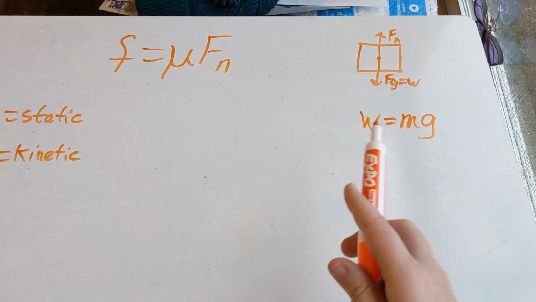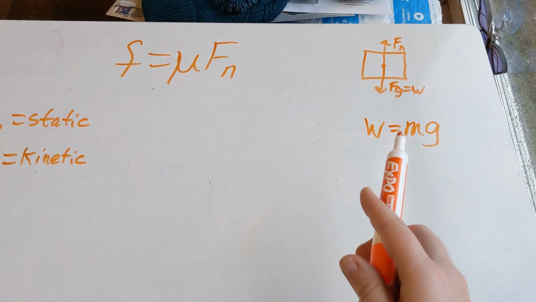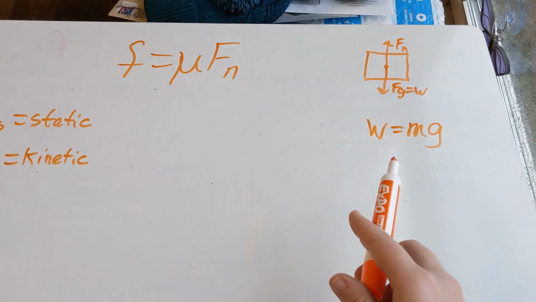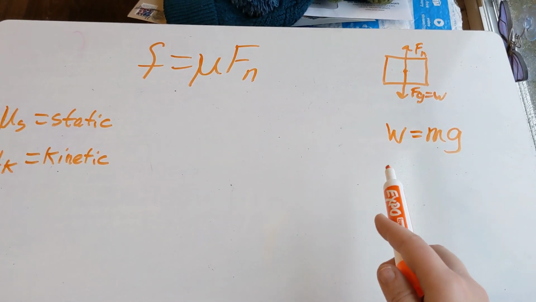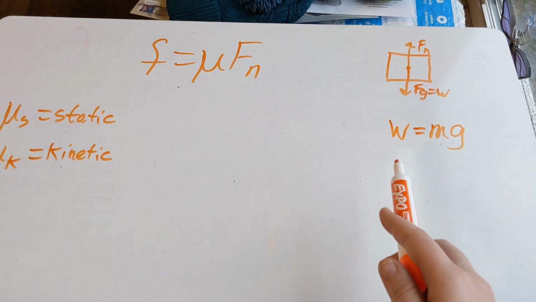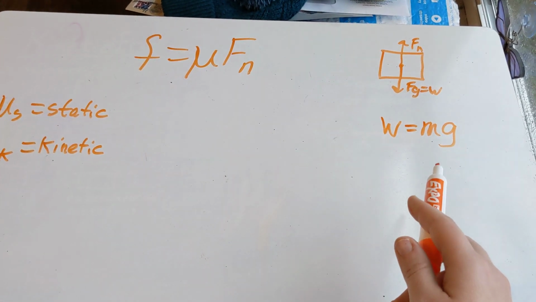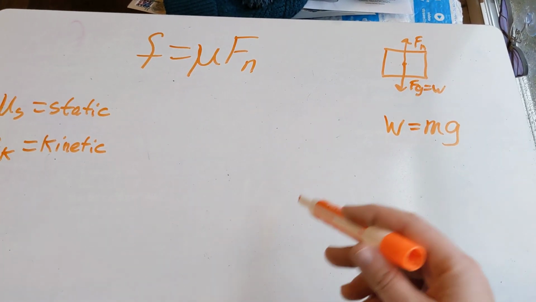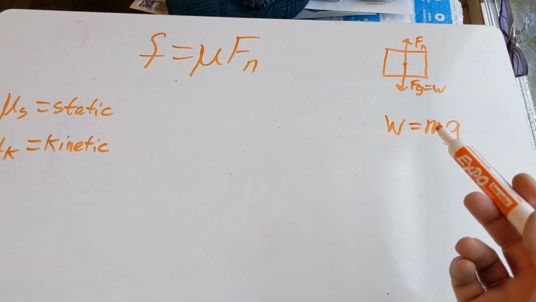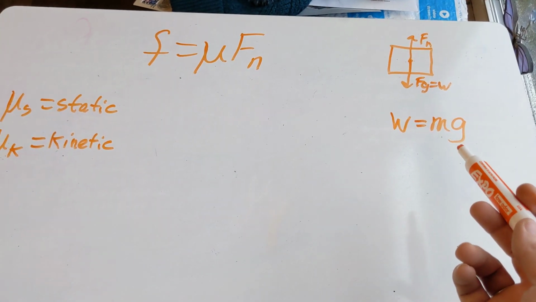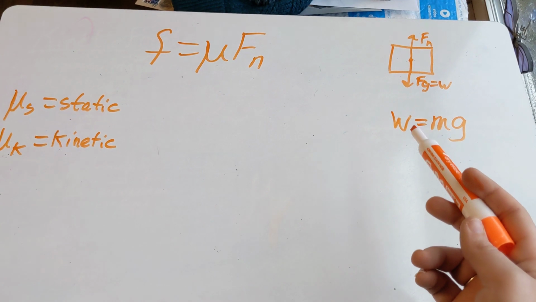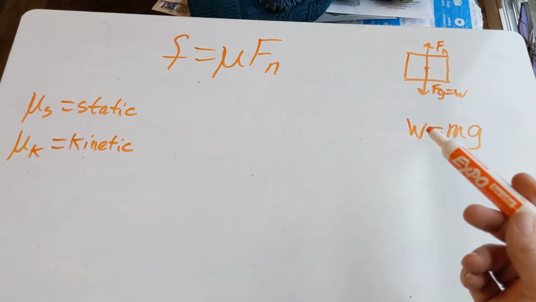Remember that weight and mass are different. They're not the same. Weight is a force, and forces are measured in newtons, and mass is measured in kilograms. So if they tell you something is in kilograms, that's talking about mass. If something is in newtons, it's talking about weight.